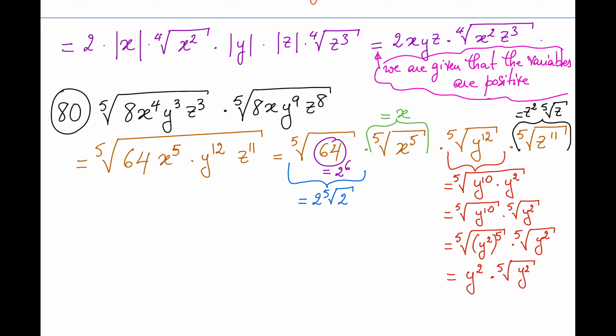All right. And finally, for this equality, let me write it here.